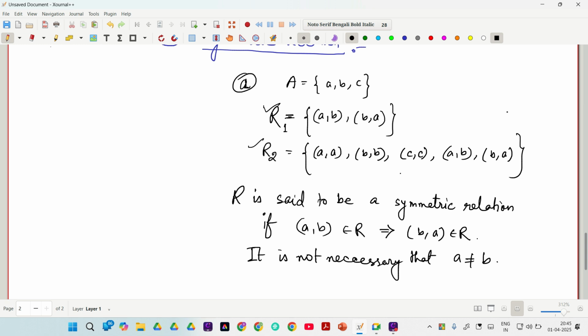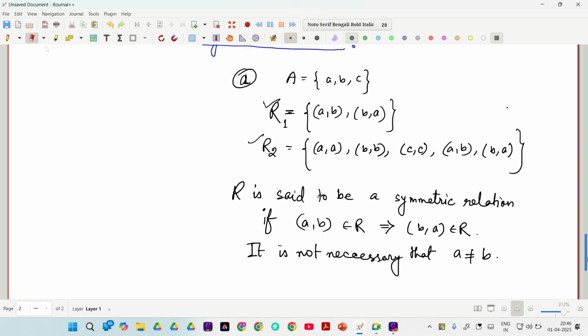And what about the other three terms? These are the elements of a reflexive relation. So tell me, will these three elements make some problem for R to be a symmetric relation or not? No. Why will they not make any problem?